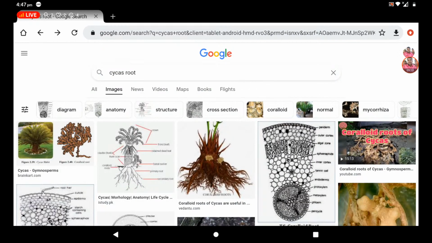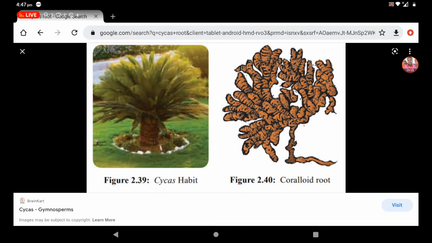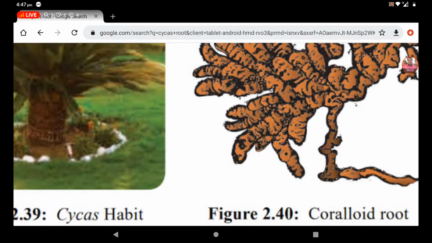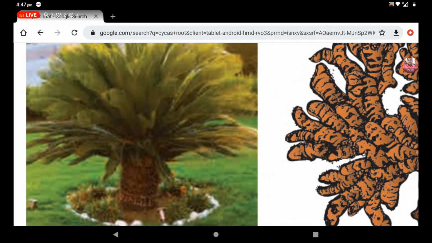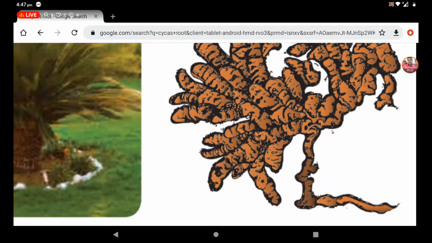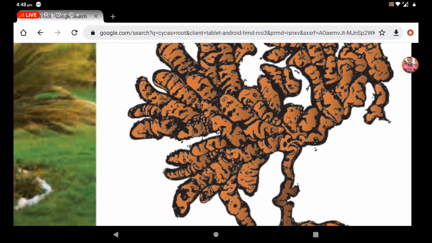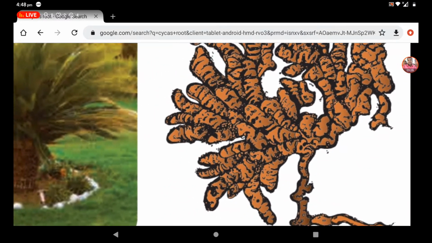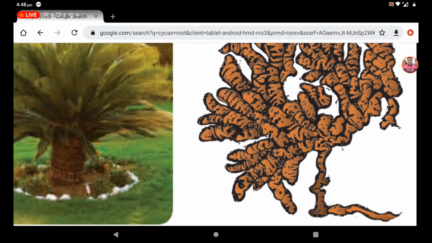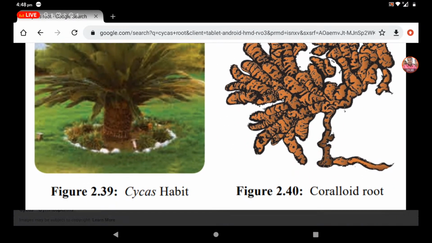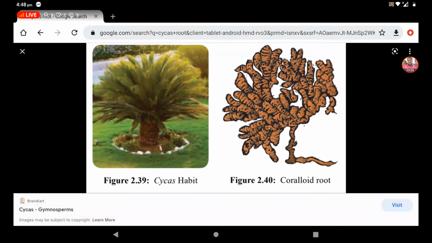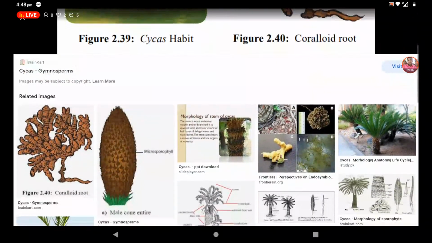Now we can look at the diagram of the coralloid root. On this side is the cycas plant, and on the right side we find the coralloid root with dichotomous branching. One more diagram we can take.